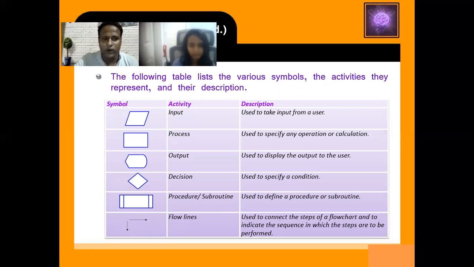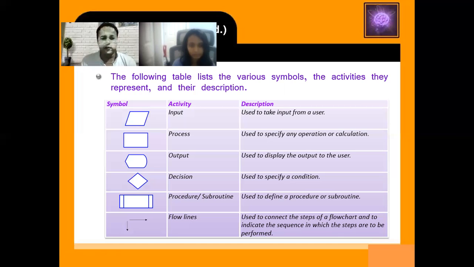It means when you connect all the symbols, the program works step by step. For performing step by step, suppose you are going to a particular place, it shows you an arrow mark: take the left side, take the right side.